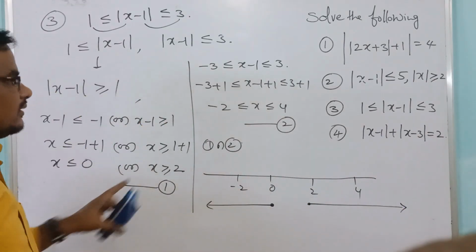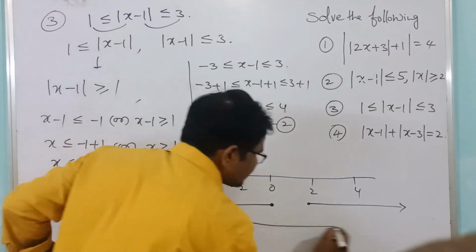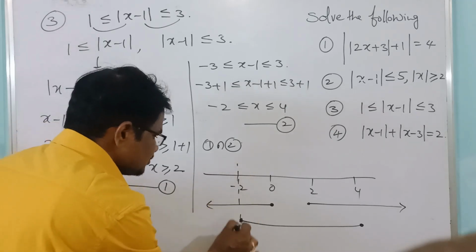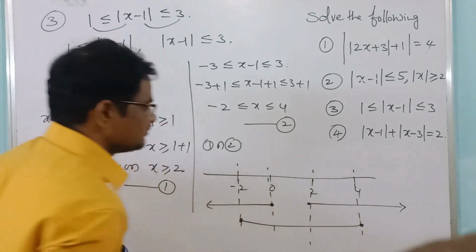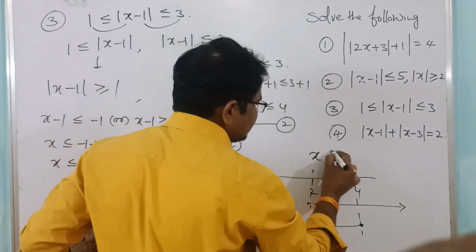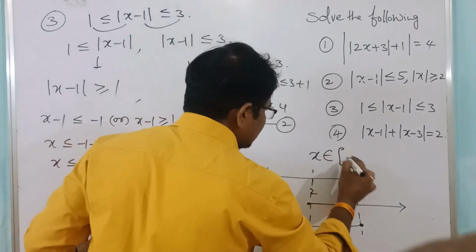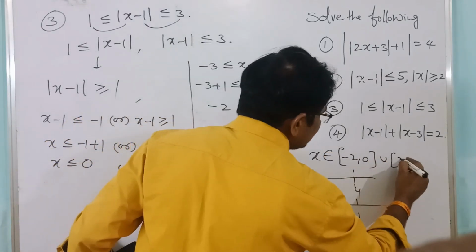Next, x from minus 2 to plus 4 means here to here. Now what are the common values? Minus 2 to 0 and 2 to 4, so x belongs to the closed interval minus 2 to 0 union 2 to 4.